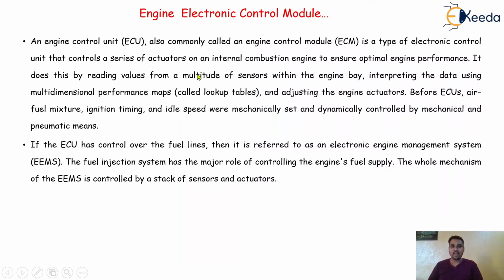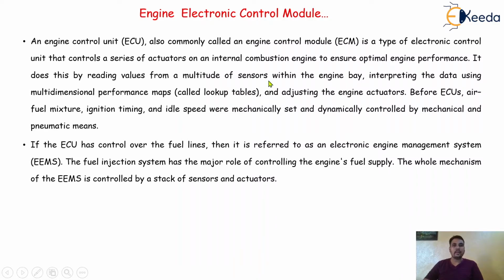An actuator is a device which takes inputs from the ECU. The ECU gives the signal to the actuators, and the actuators actuate the things connected to them, like the fuel injector, the devices which control air flow and fuel flow, or even the braking system. All these things are done with the help of the ECU and the actuators.